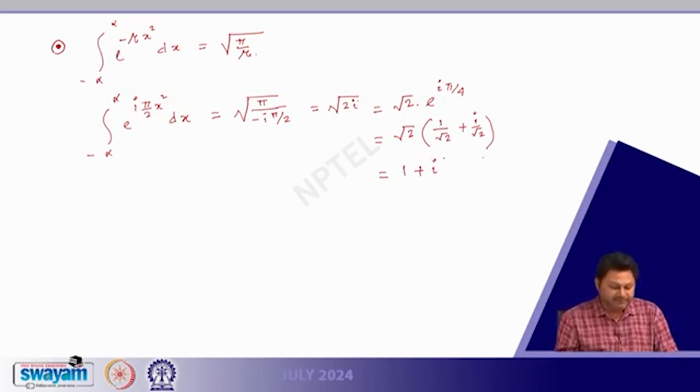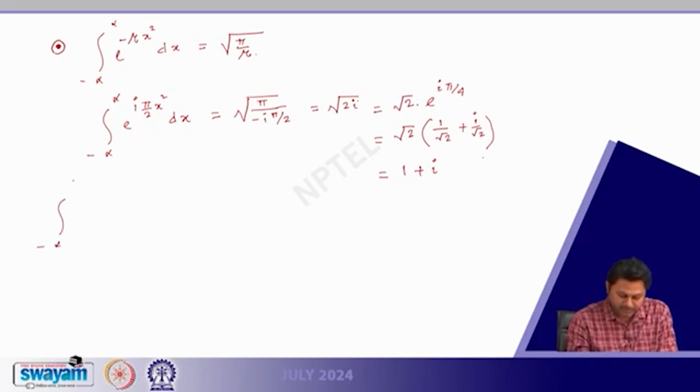Now, the left hand side is interesting, because if I expand it, it gives us the value of Fresnel's integral. So the integral from minus infinity to infinity of e to the power of i pi by 2 x square dx is essentially 2 times the integral from 0 to infinity of e to the power of i pi by 2 x square dx.